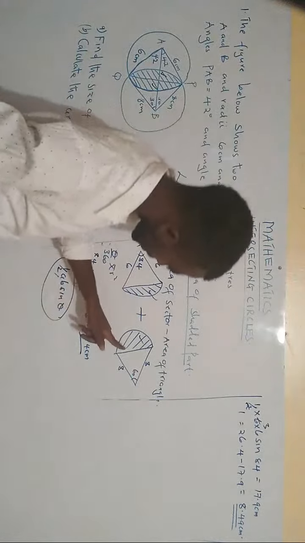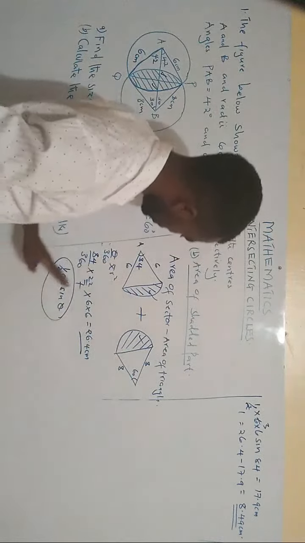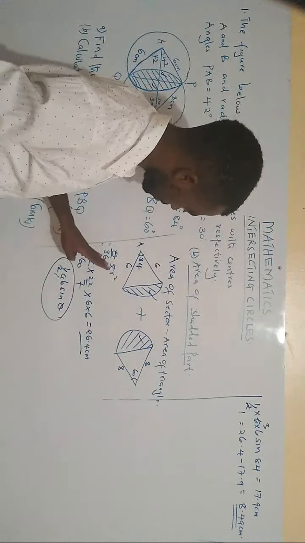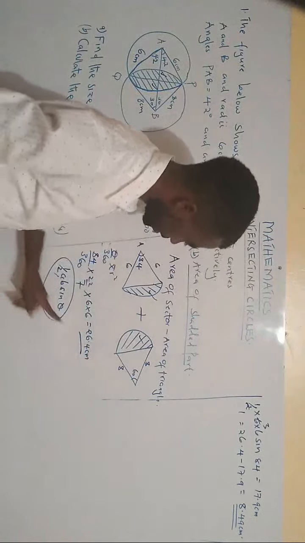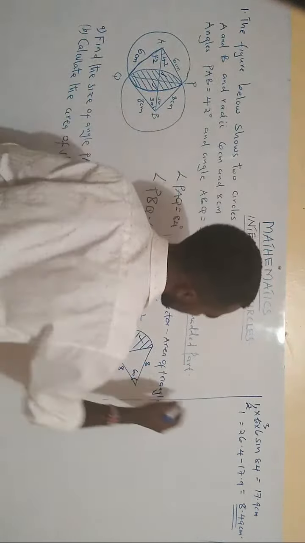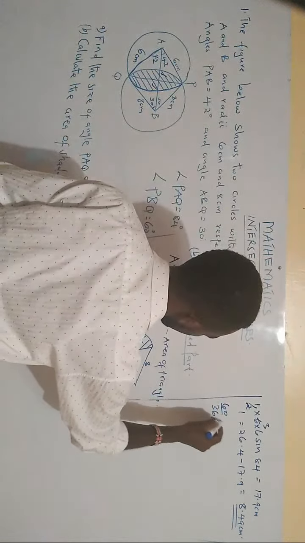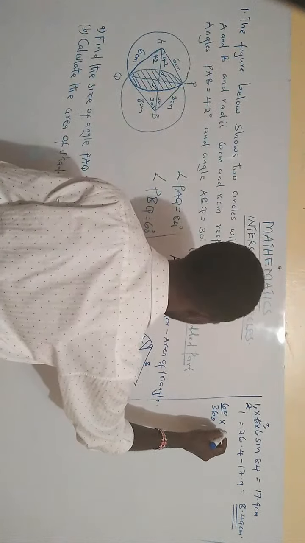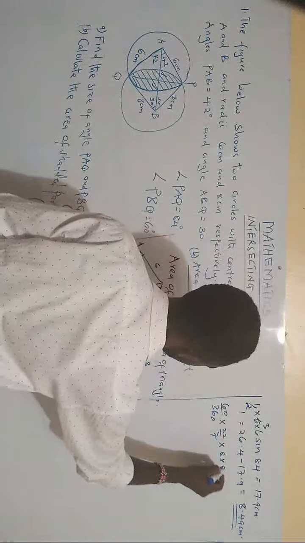We have to do the same to this one, using the same formula: area of the sector, theta over 360 pi r squared, minus the area of the triangle, which is half ab sin theta. So the sector is 60 over 360 times 22 over 7 times 8 times 8.